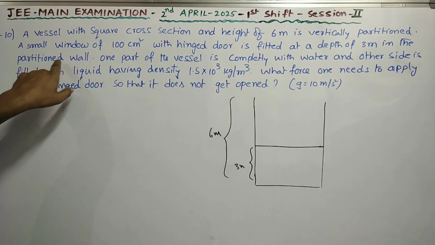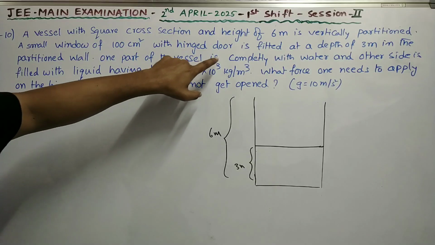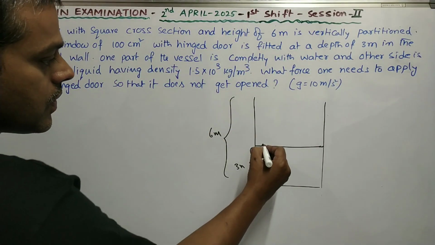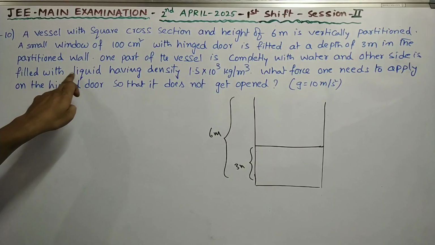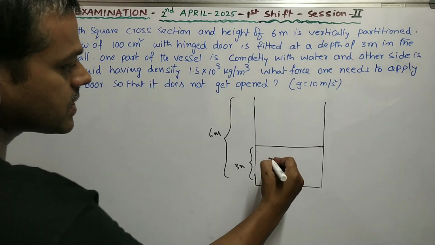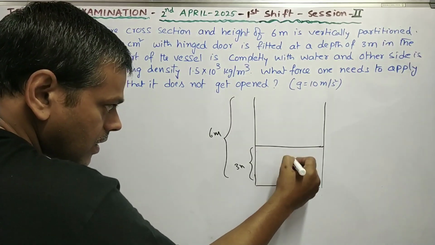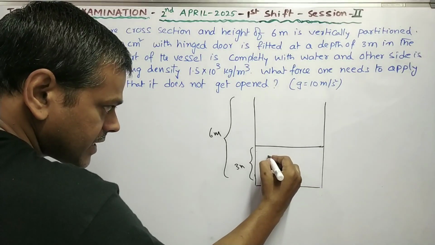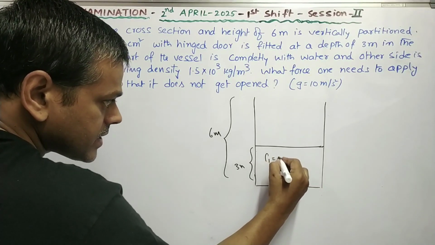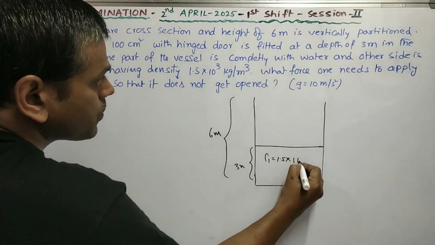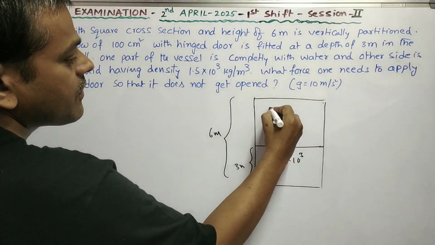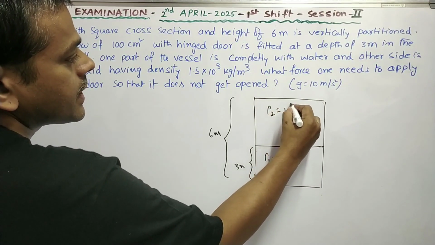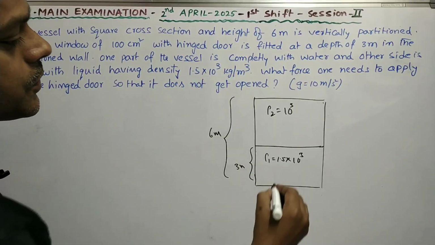In the partition wall, one part of the vessel is completely filled with water, and the other side is filled with a liquid having density rho 1 is equal to 1.5 into 10 power 3. The remaining is filled with water of density rho 2 is equal to 10 cube kg per meter cube.